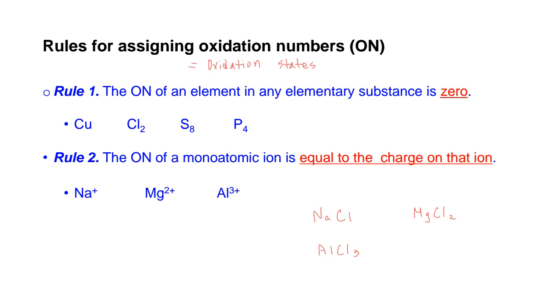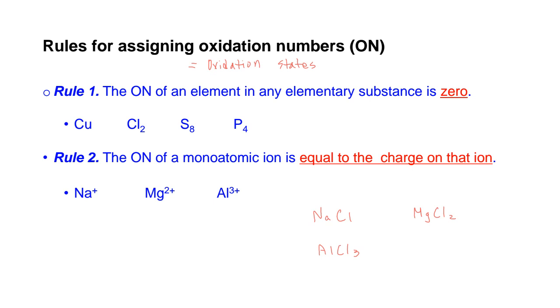All right. And the second rule is that the oxidation number of a charged monatomic ion will be equal to its charge. I mentioned this rule before.